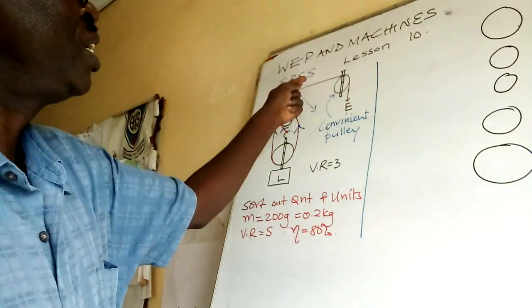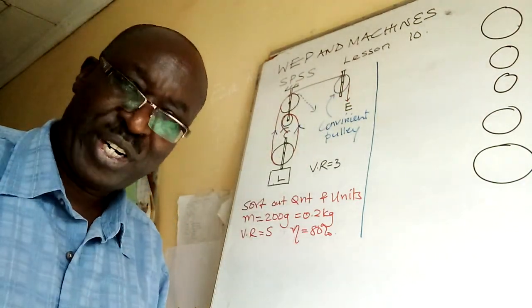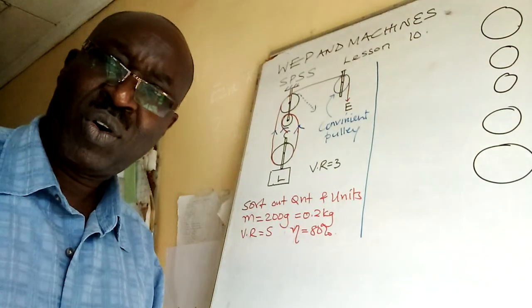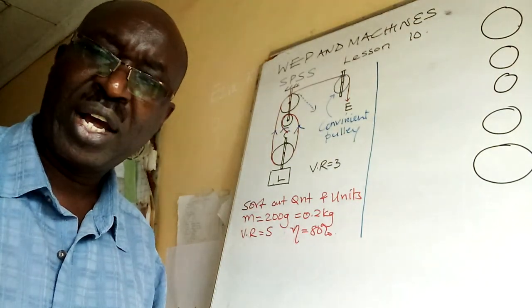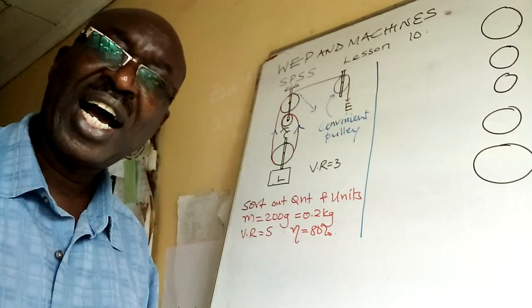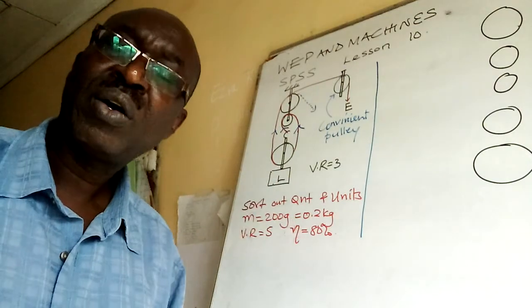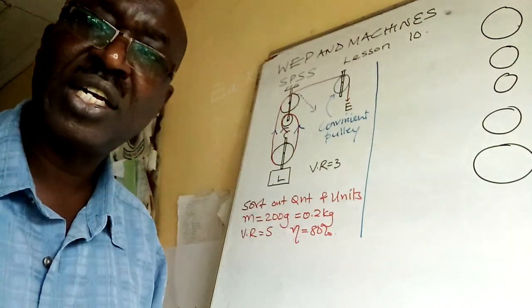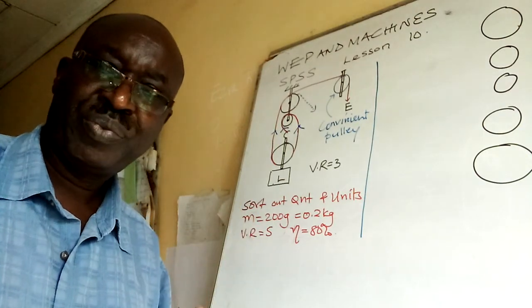But I've decided to be more fashionable, or depending on the distance where you are and where your work is to be done, I can add another pulley, a fixed pulley up there, which will be known as a convenient pulley. So that part I've finished.